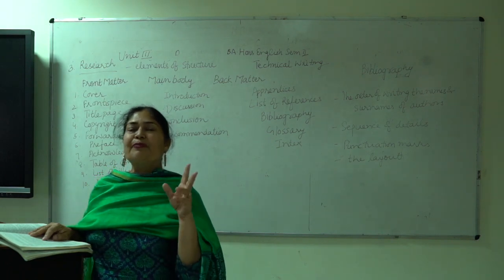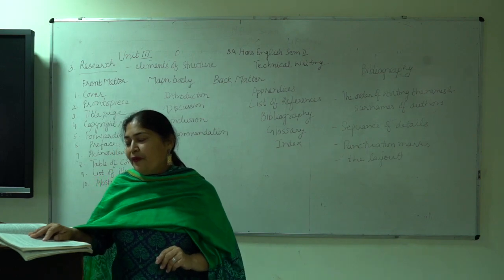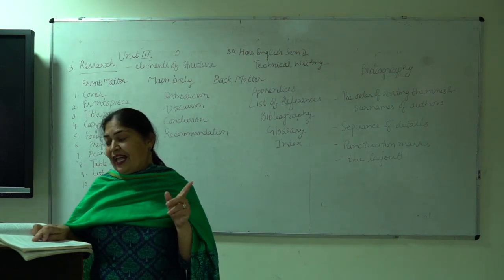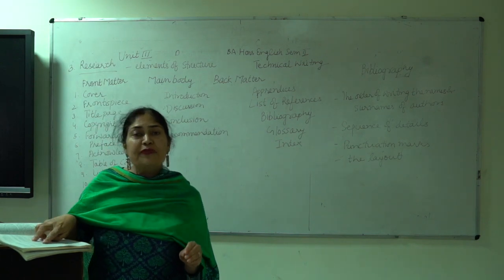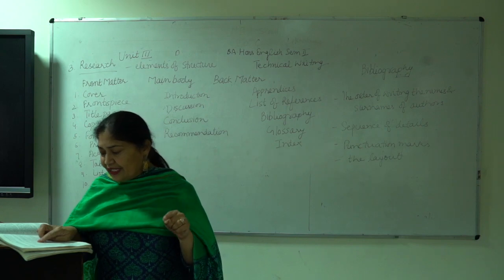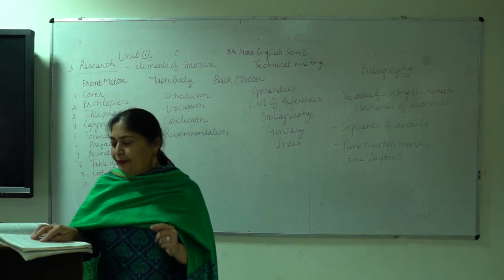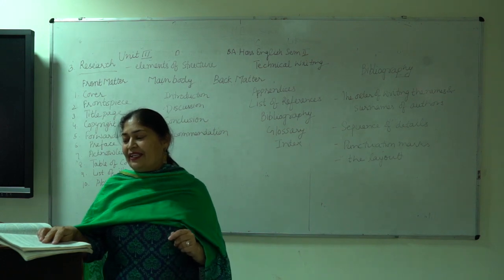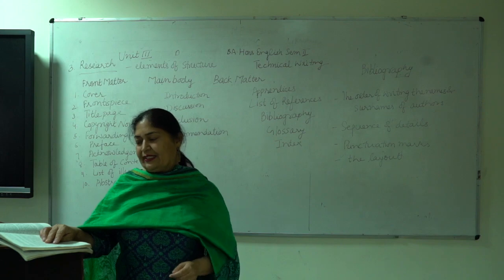Another difference between bibliography and reference. Number three, the bibliography may be annotated, that is, it may indicate briefly the content and usefulness of the works cited, whereas the references indicate only the sources. When some authors give more detail in the latter, they term it as notes and references.